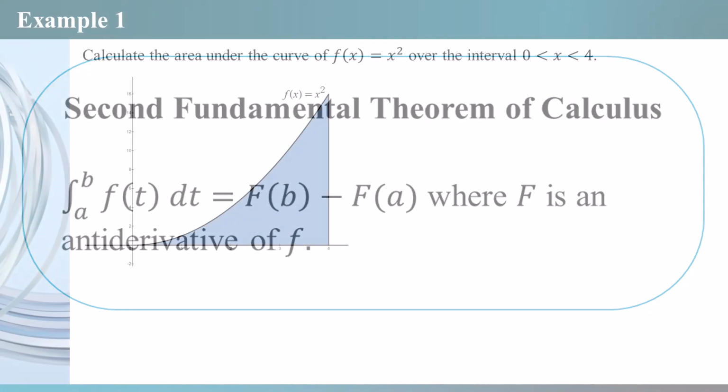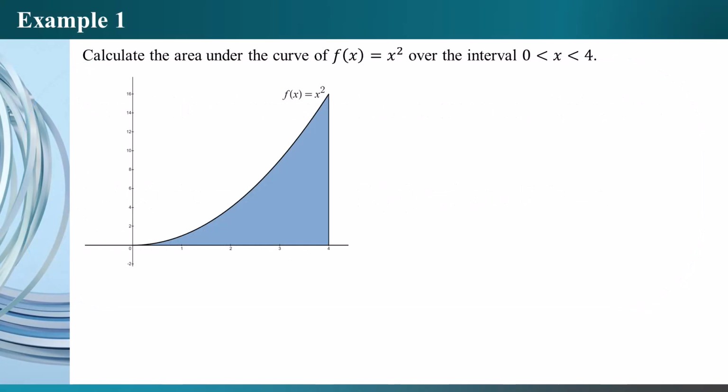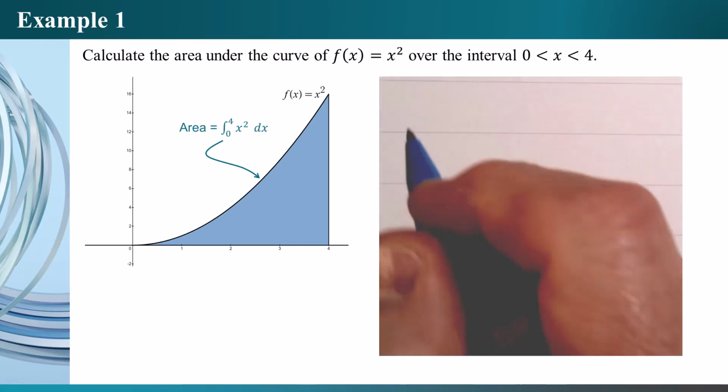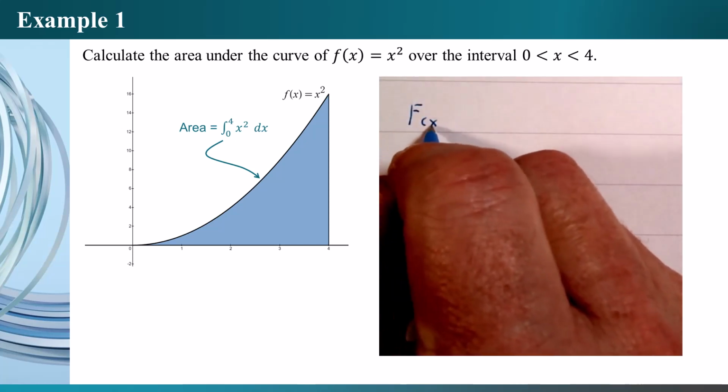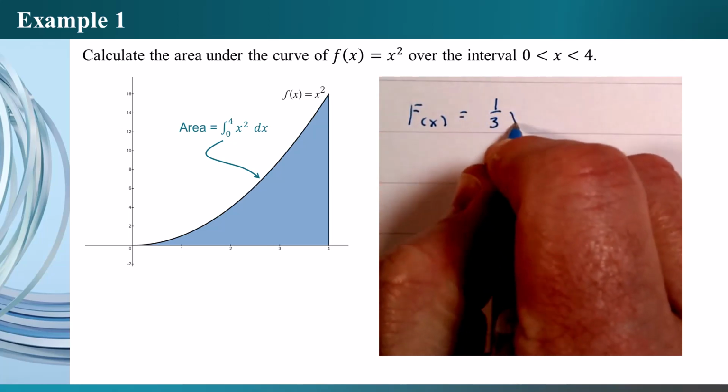Let's revisit the problem of finding the area under the curve of f of x equals x squared over the interval from 0 to 4. This area is found with the definite integral from 0 to 4 of x squared dx. To calculate this integral, we first need to find an antiderivative of x squared. We find this to be capital F of x equals 1/3 x cubed.